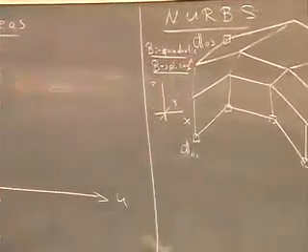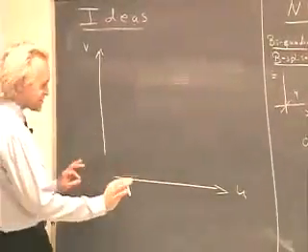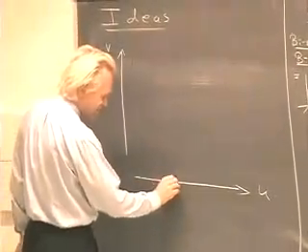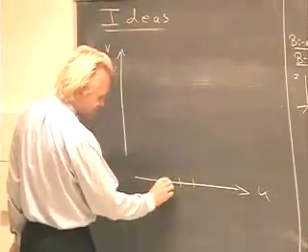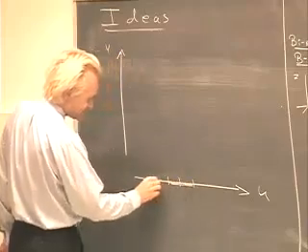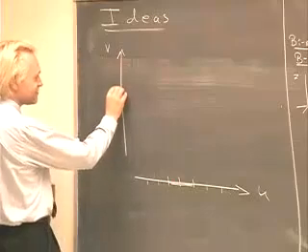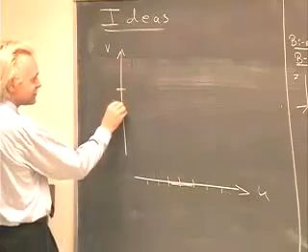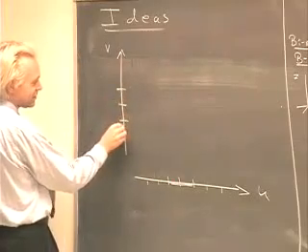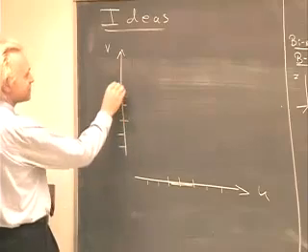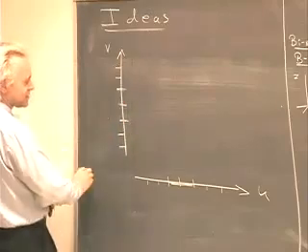Okay. And I need 2 knot vectors for U. I need 2 relevant domain intervals here, 2 knots to the left, 2 knots to the right. And I need for the V direction also 2 domain intervals, and 2 to the left and 2 to the right. I do the numbering.